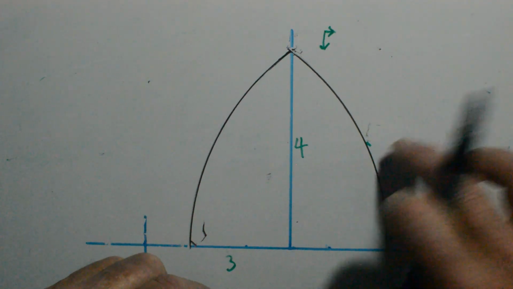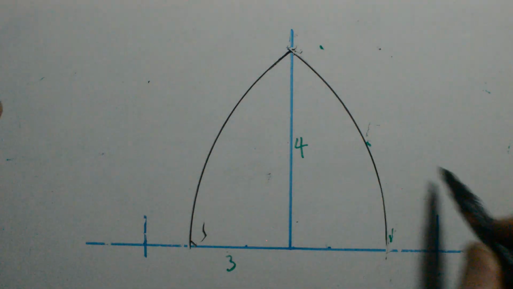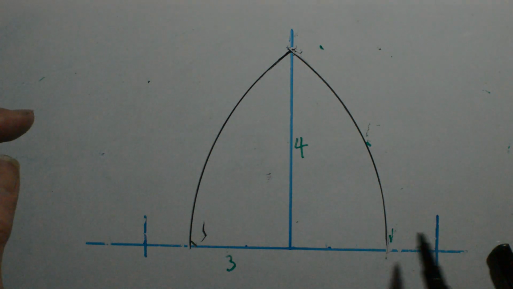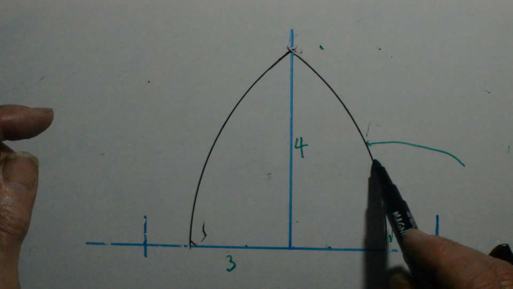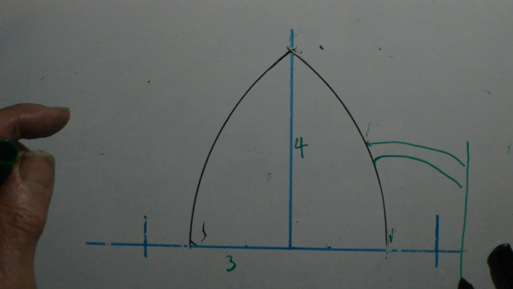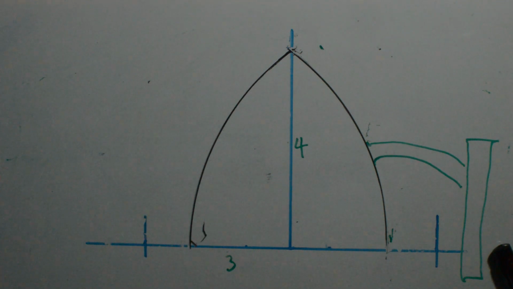Resulting in an arch that has less side pressure, so that instead of having to reinforce with lots of material, we can reinforce it with a flying buttress. And that's the main contribution of the Gothic architect.